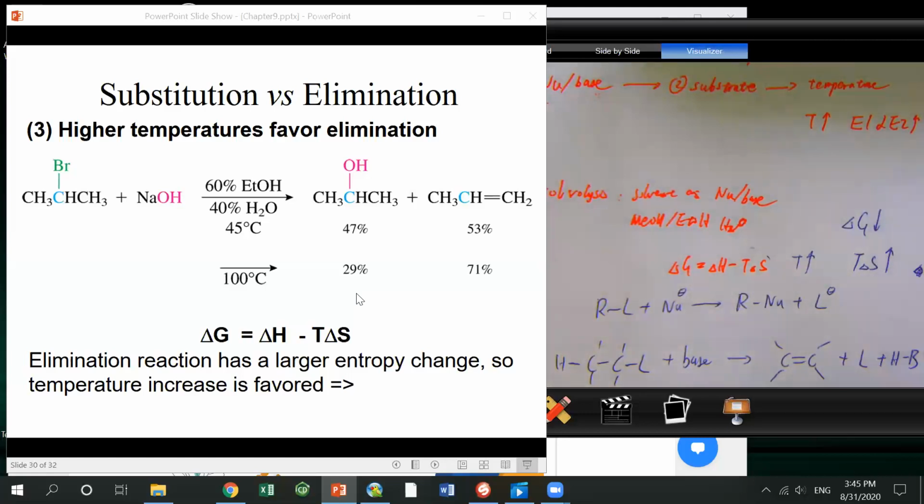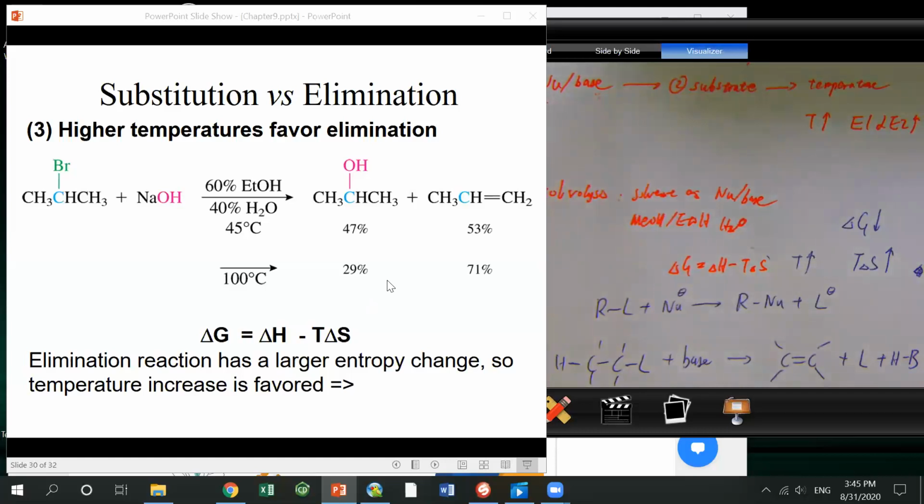Free energy going down is preferred for reactions. So the elimination reaction has a larger entropy change, and a temperature increase favors elimination. Sorry, if I said emission, that's wrong. It should be elimination.